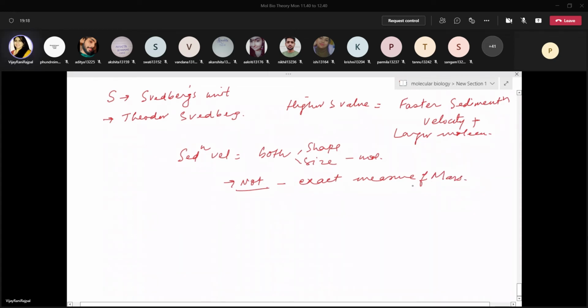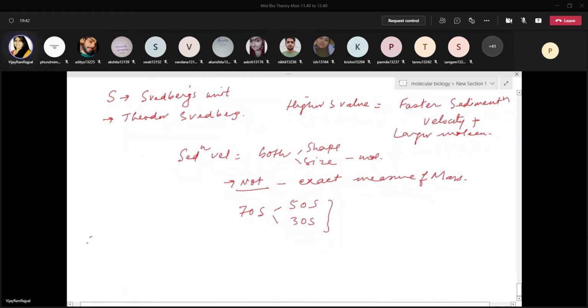That's the reason why 70S is differentiated into 50S and 30S, and it is not totally additive. All right. So this is about ribosomes.